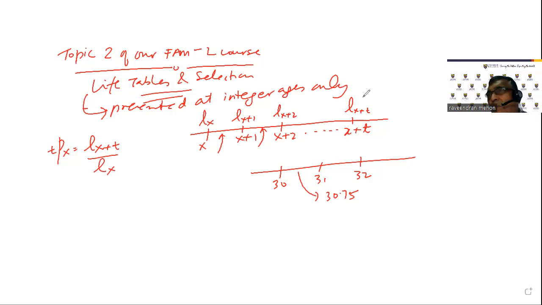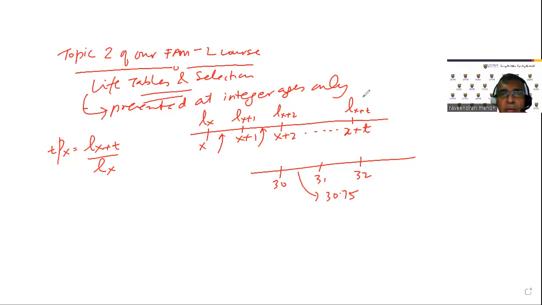To make things simple, let's just say l_x is the number of lives at age x, l_(x+1) at age x plus 1, l_(x+2) at age x plus 2, and so on.